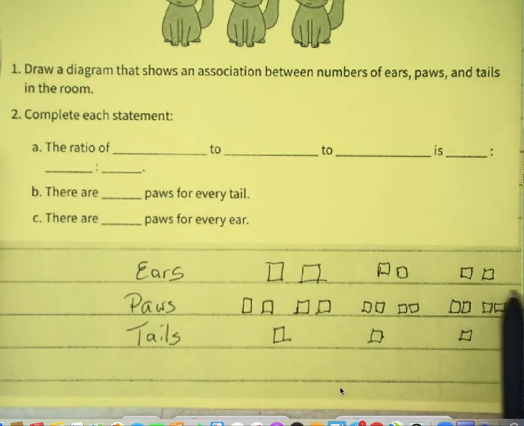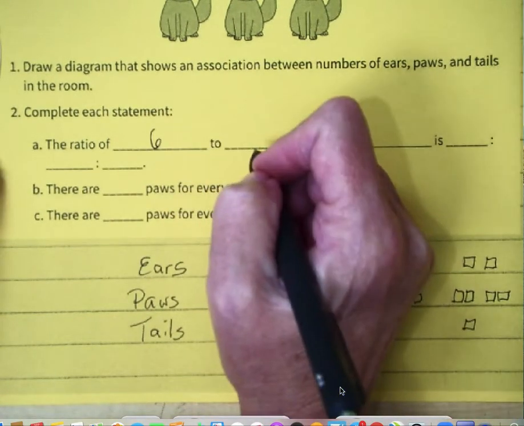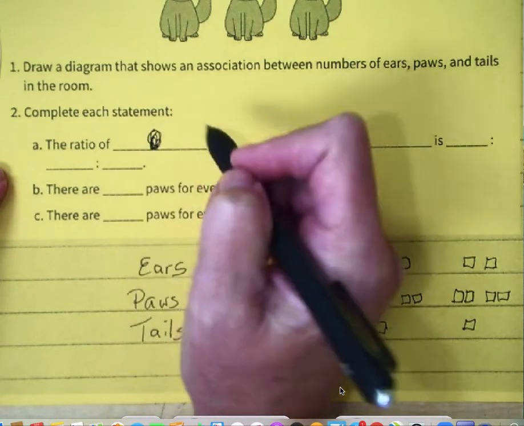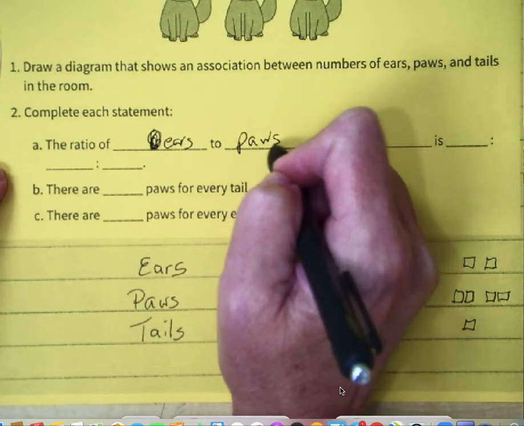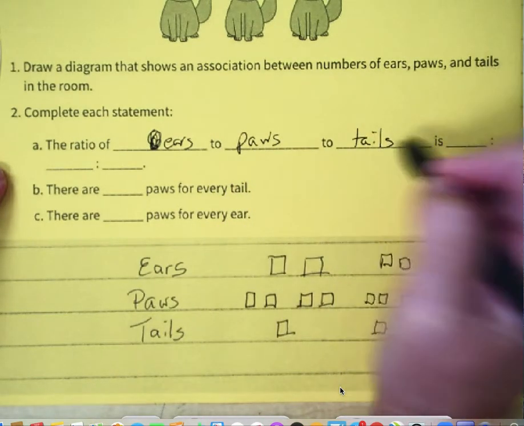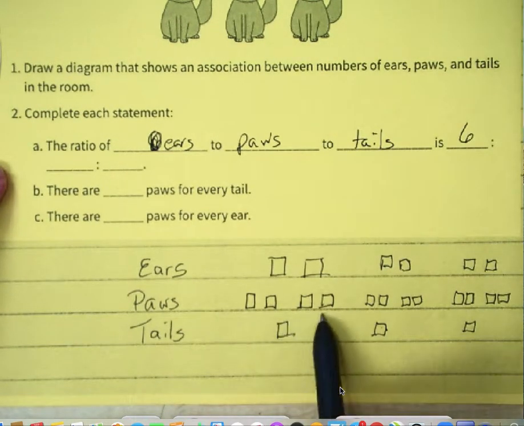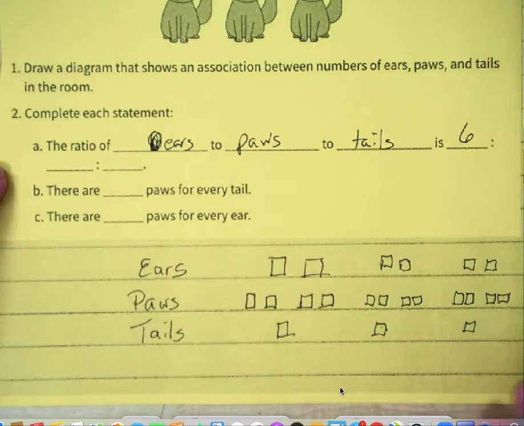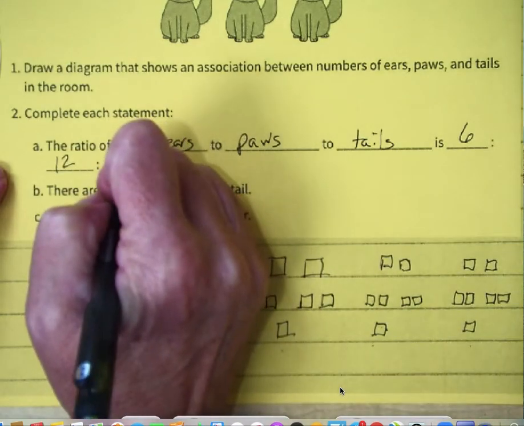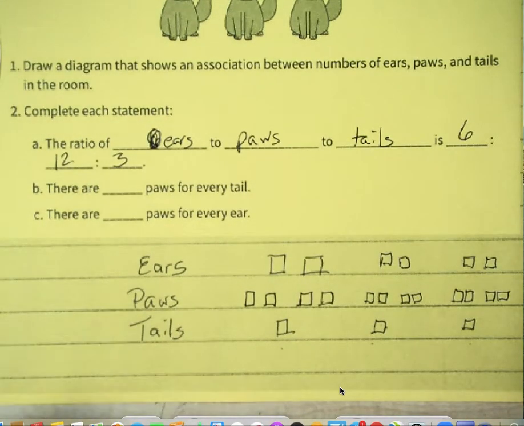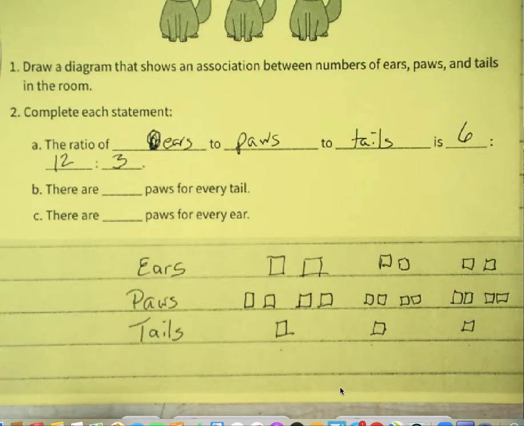1, 2, 3, 4, 5, 6. To paws, ratio of ears to paws to tails is 6, 1, 2, 3, 4, 5, 6, 7, 8, 9, 10, 11, 12, to 12 to 3. There are how many paws for each tail?